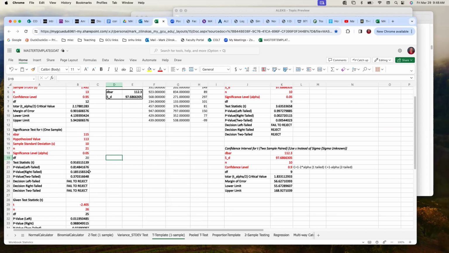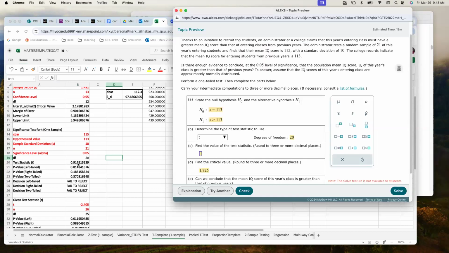Here it's given us our p-values of a left side, right side. This is clearly a right-sided test. Okay, so it gives us a p-value of 0.18. Okay, but the big thing here we need is our t-statistic, right, which is 0.917.